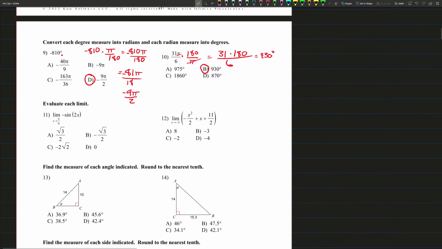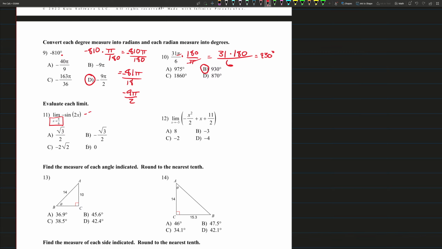Number 11 and number 12, these are going to show up a little bit later too, but I wanted a couple multiple choice just as gimmies. Whenever we have a limit, for these at least, we're just going to plug these things in, right? So if we're looking for the limit as x approaches pi over 6 of negative sine of 2x, all we got to do is plug in pi over 6 for x.